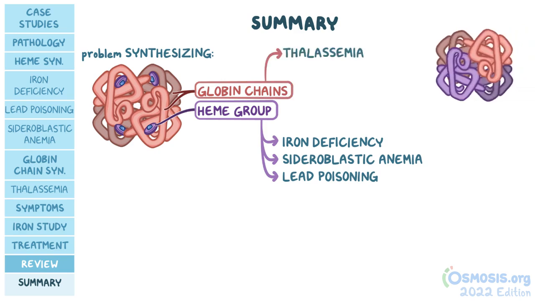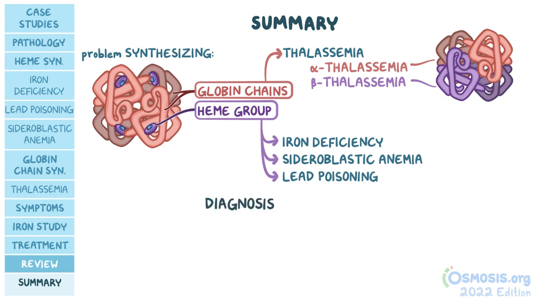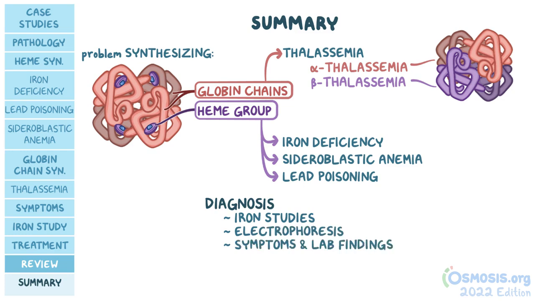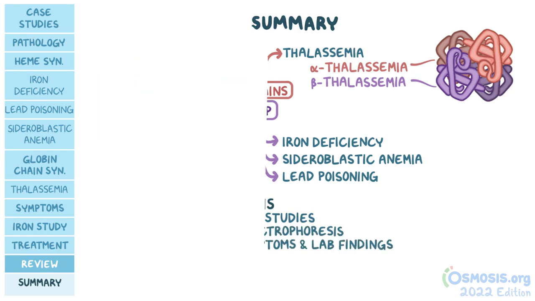Thalassemia, on the other hand, affects globin chain synthesis and could be alpha or beta depending on which type of globin chain is affected. A diagnosis can be made based on iron studies and electrophoresis, but also consider the other symptoms and lab findings. Now back to the patients.